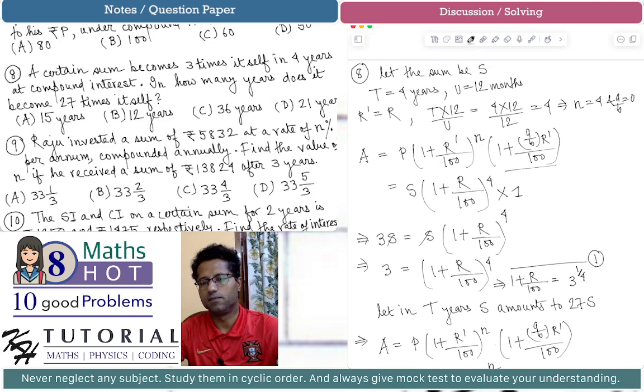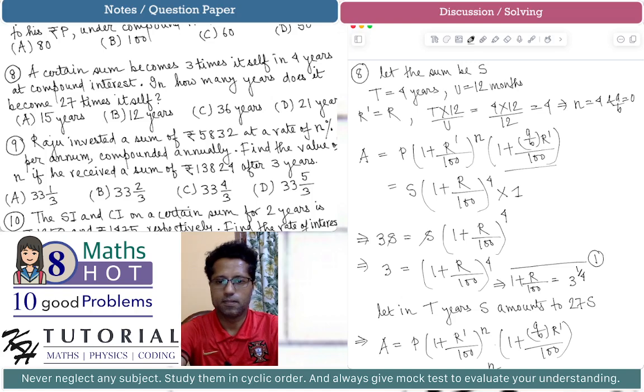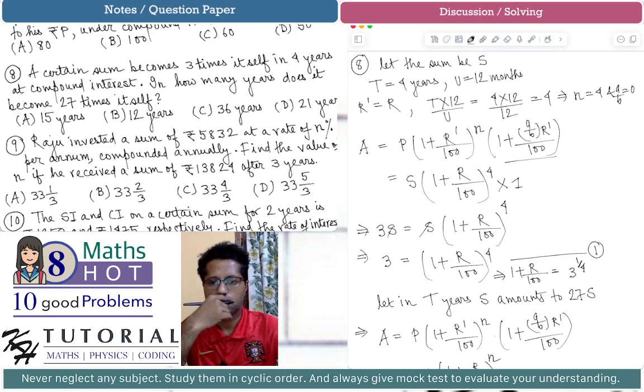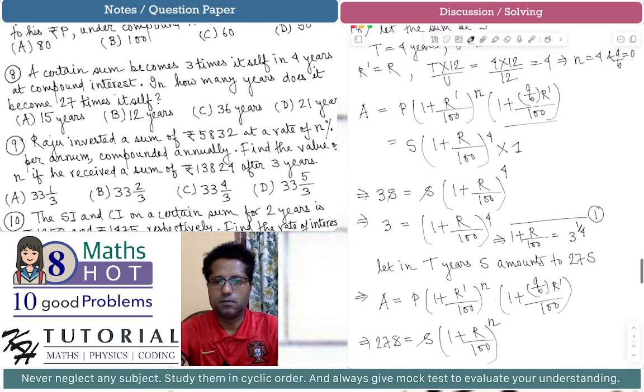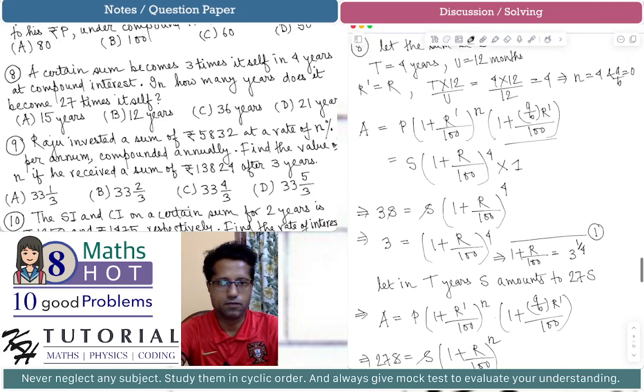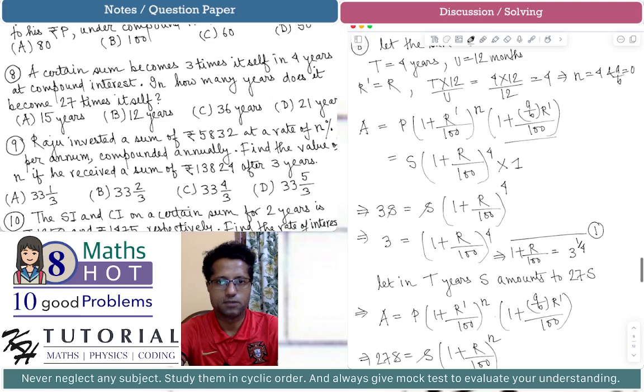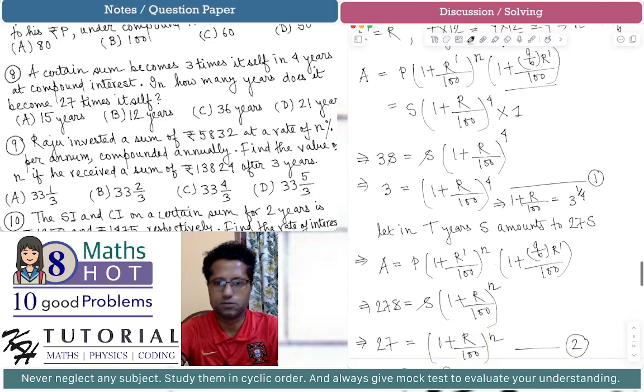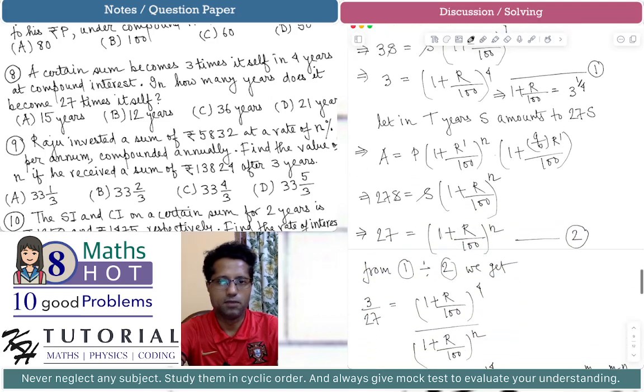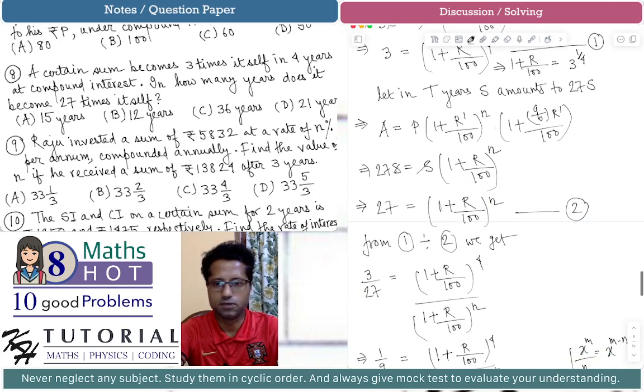The question asks: in how many years does it become 27 times itself? So t equals 4 years was given for the first case, that is a certain sum becomes 3 times itself in 4 years. So we have to find in how many years does it become 27 times itself?